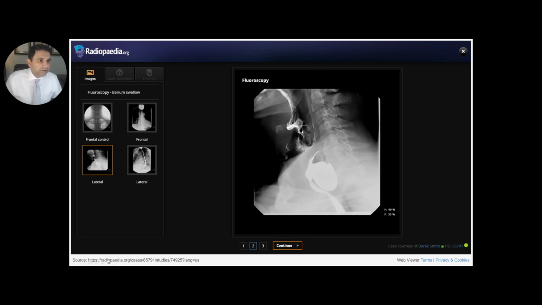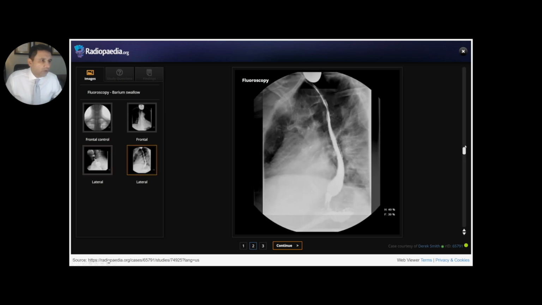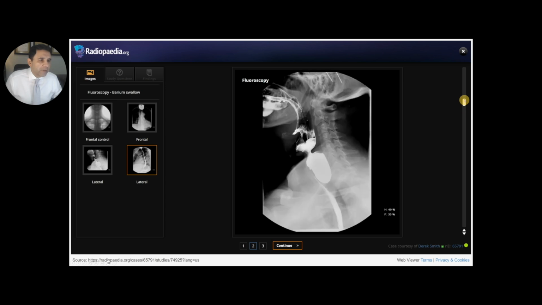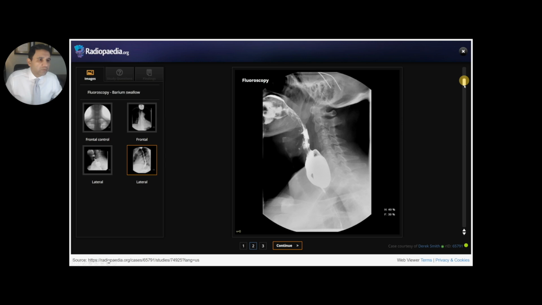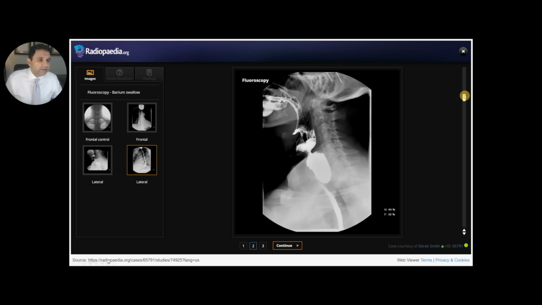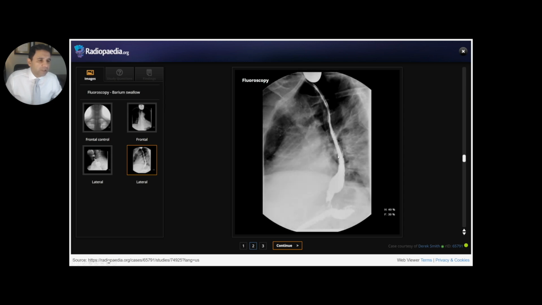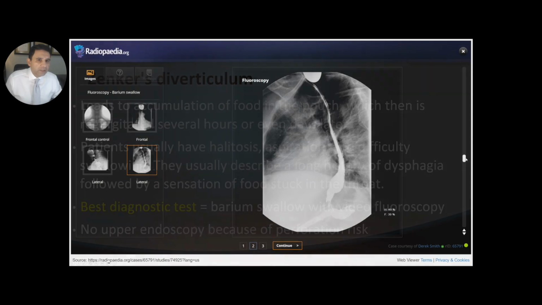This is a lateral film, and here you can see very clearly that this structure is Zenker's diverticulum. And also this is another image where you can clearly see the barium going down, and this structure right here is the Zenker's diverticulum, and the barium goes down the esophagus all the way into the stomach.